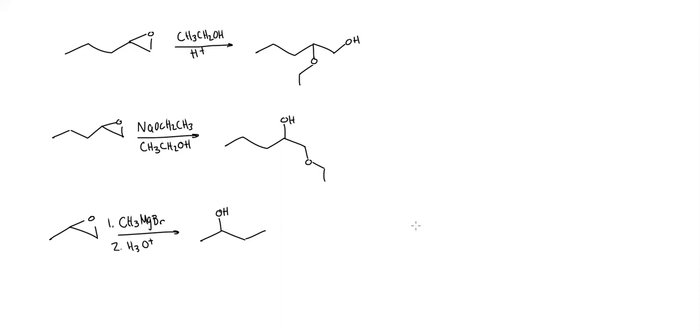So that's one thing. And then the other thing is that if I take another epoxide like this one, and I add in lithium aluminum hydride as a first step, and then I throw in some acid, then what happens is I get an OH here, and then what did I add over here?